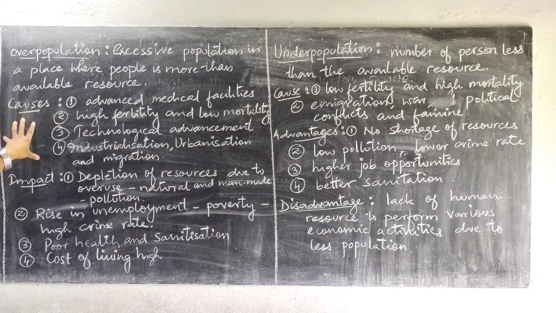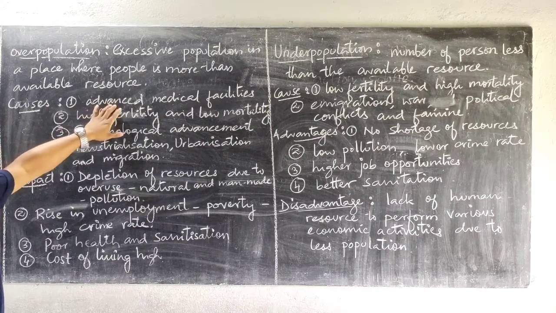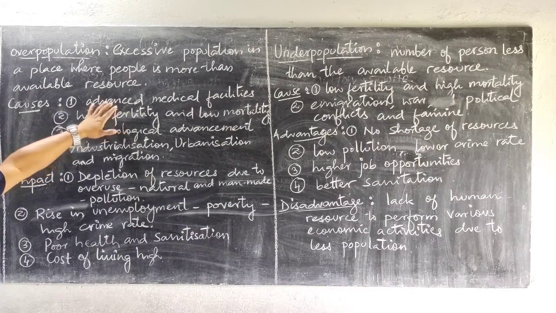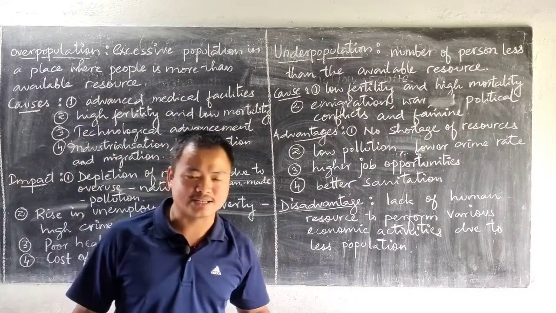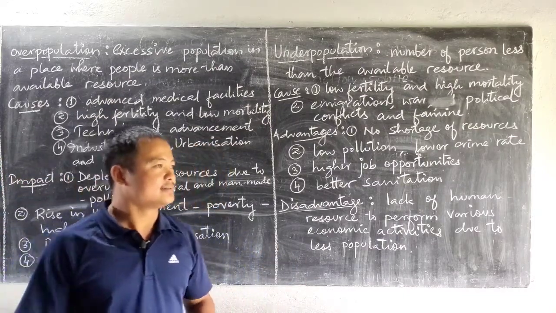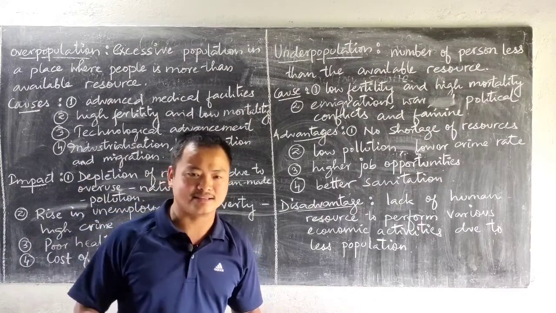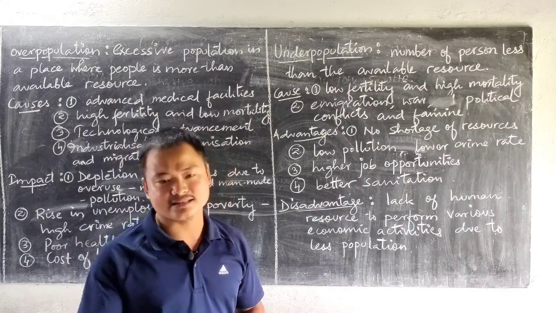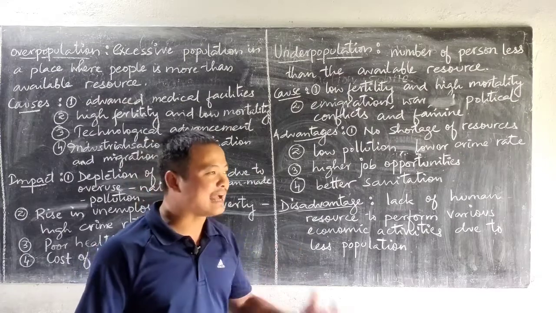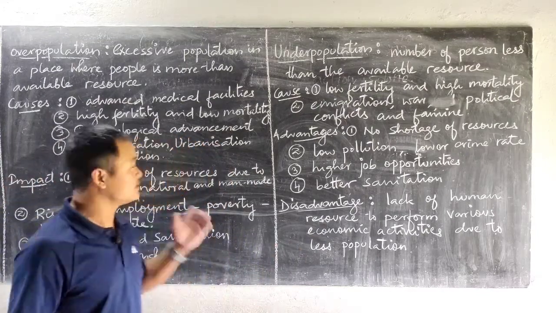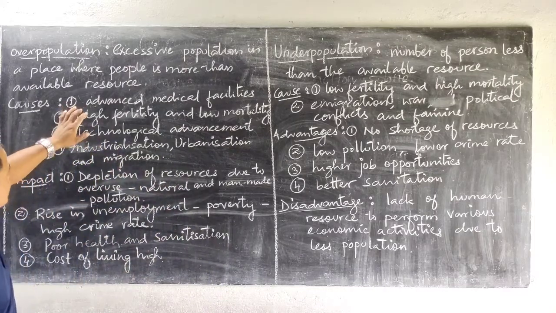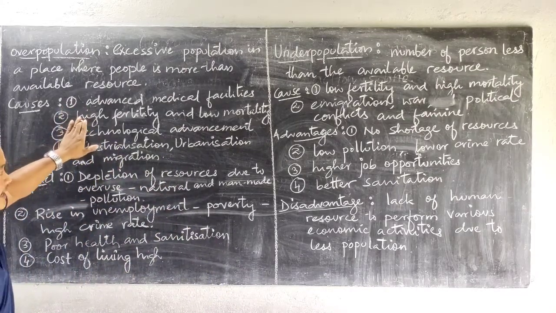So what causes overpopulation? Advanced medical facilities lead to a lower death rate. Nowadays technology has raised the bar so high that every disease has a cure, and that cure is leading people to live longer lives. So this is the reason: advanced medical facilities, high fertility and low mortality.